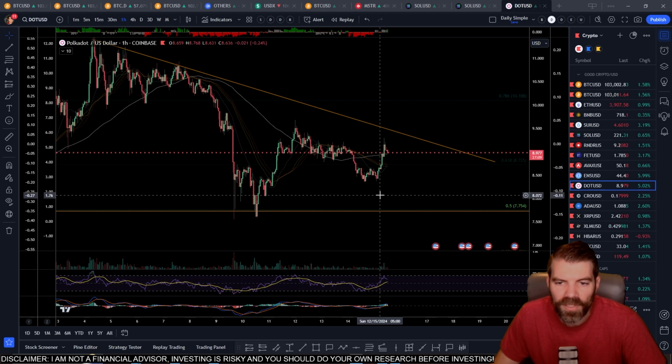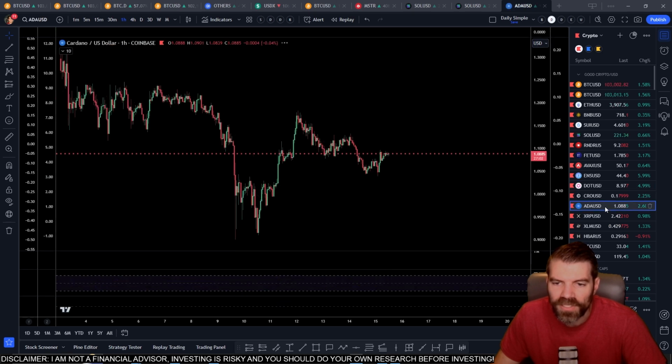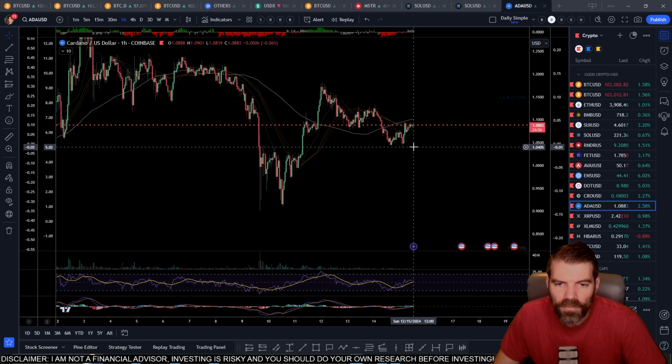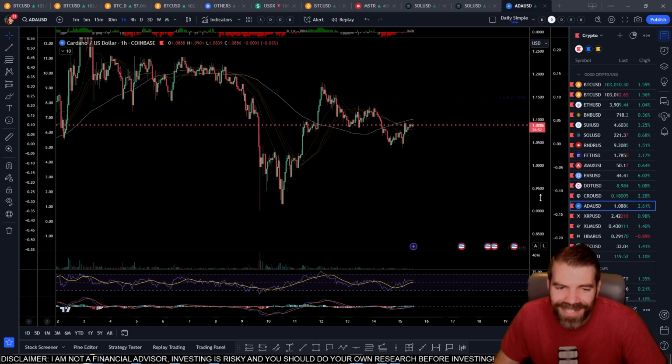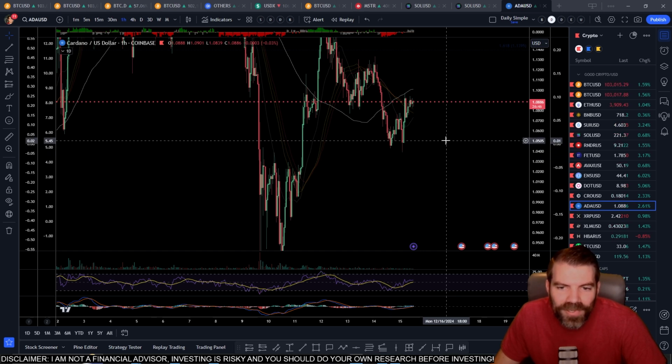So I opened a DOT position at about $8.5 or so. I opened a couple ADA positions around 1.04. Wow, I bought the exact bottom. Cool. I had one order filled at 1.04 and I had one filled at 1.05.